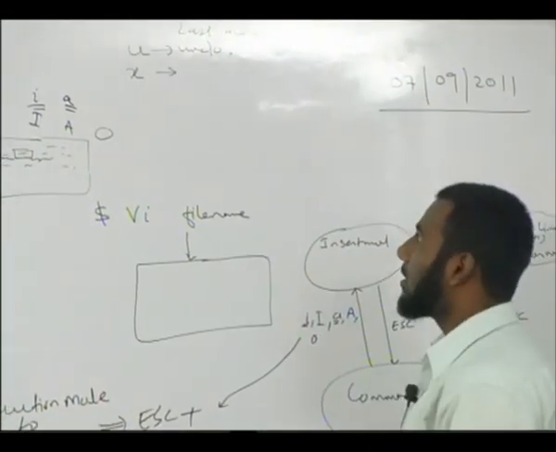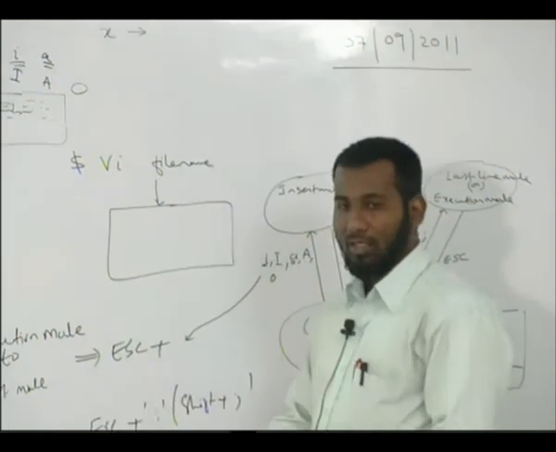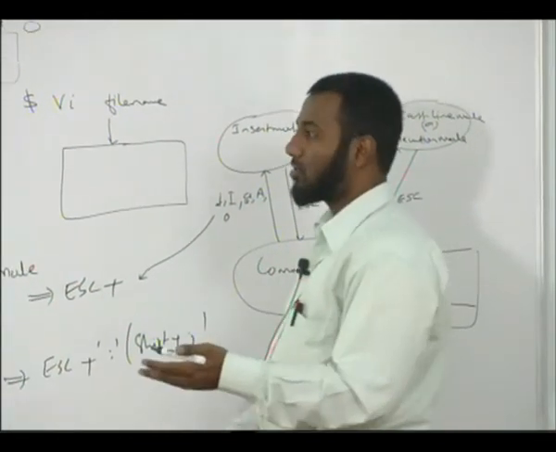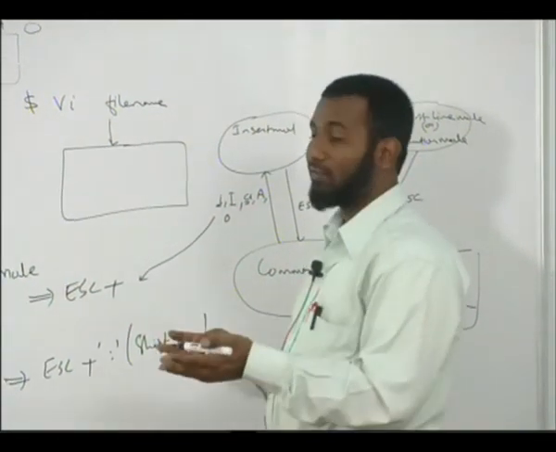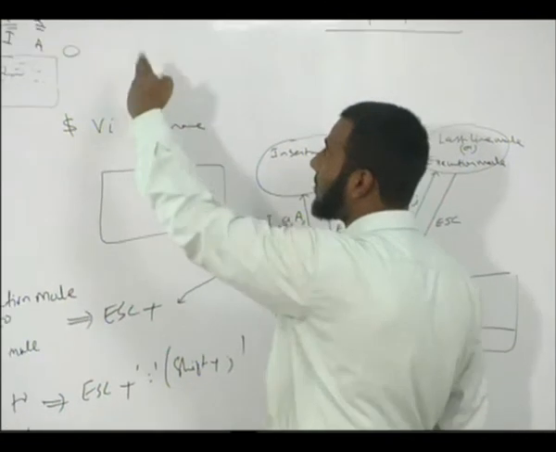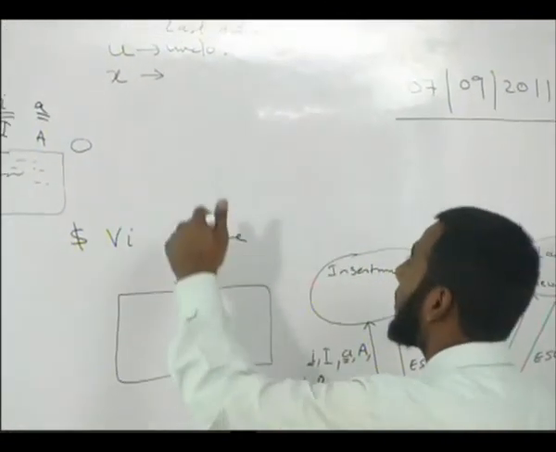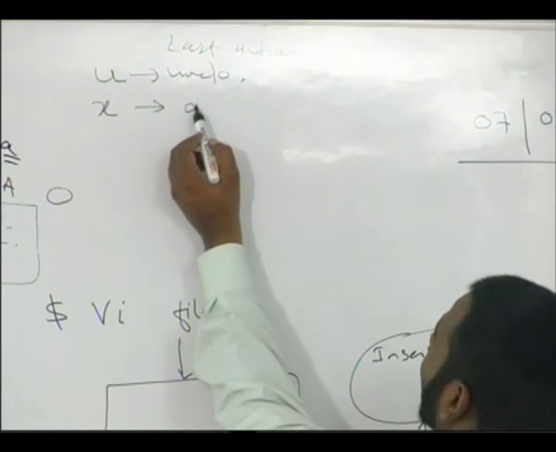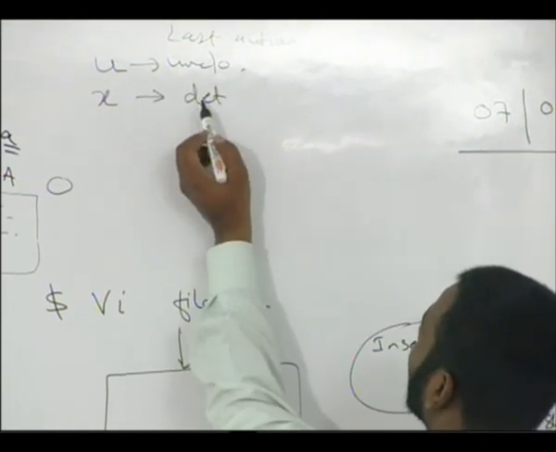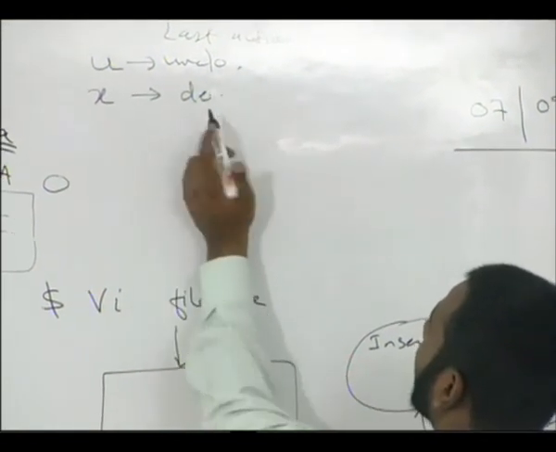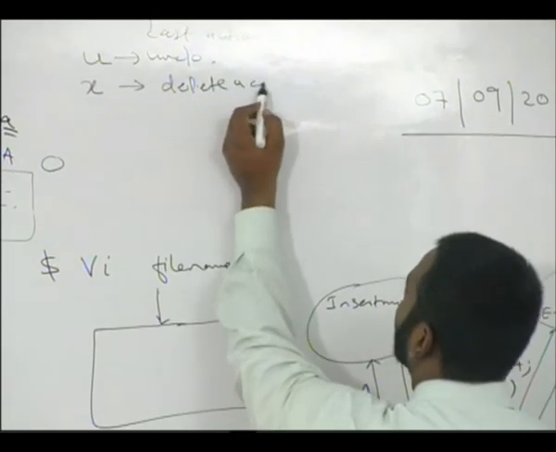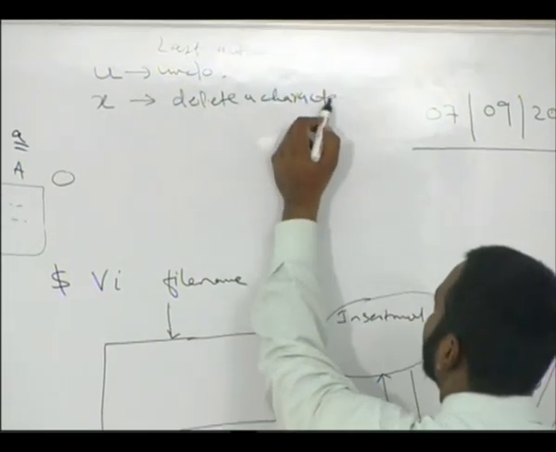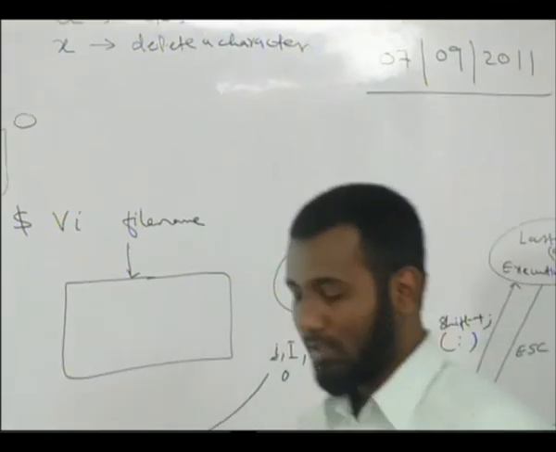Generally, don't use the delete keys or arrow keys on your keyboard while you are using the editor, because the settings might be different. This will always work on any system. So x deletes a character.